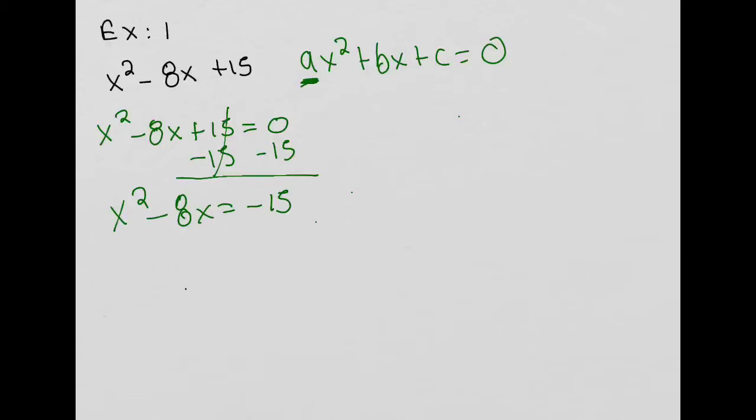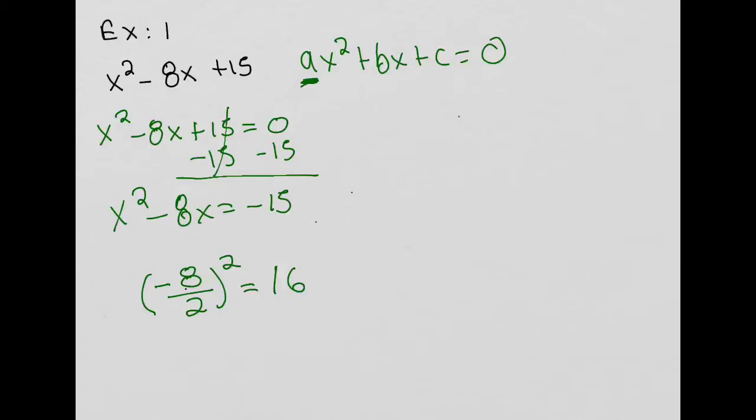So now I move on to the third step, which is to take the b, so the negative 8, divided by 2, and square it. Well, negative 8 divided by 2 is negative 4. Negative 4 squared is positive 16.